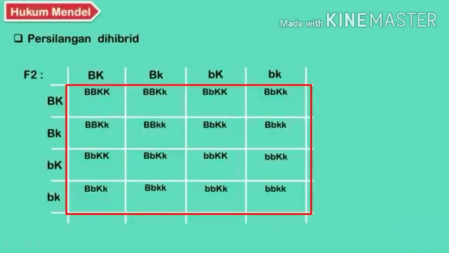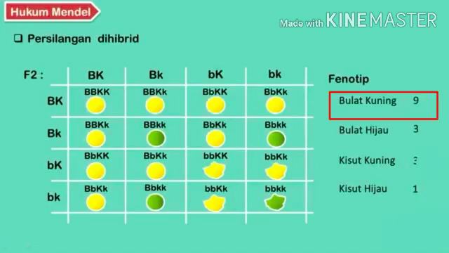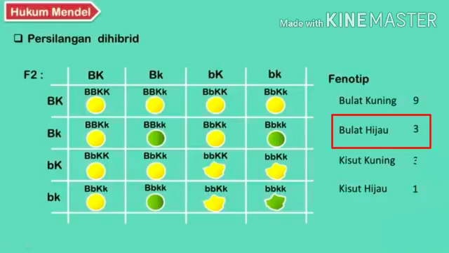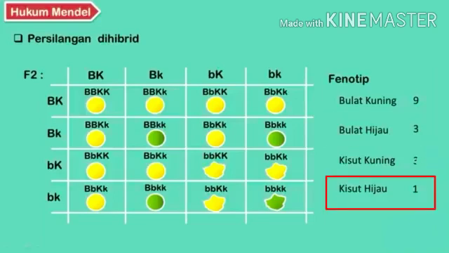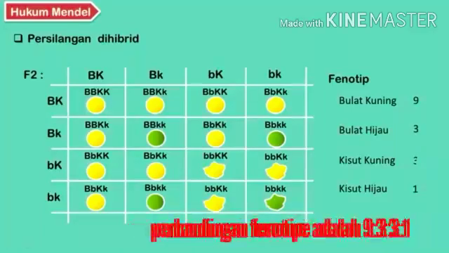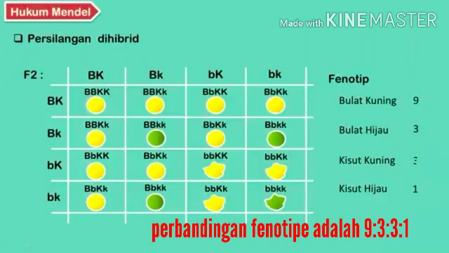For round and yellow, there are 9, 3 of green round, 3 of yellow wrinkle, 1 of green wrinkle. The phenotype ratio is 9 to 3 to 3 to 1.